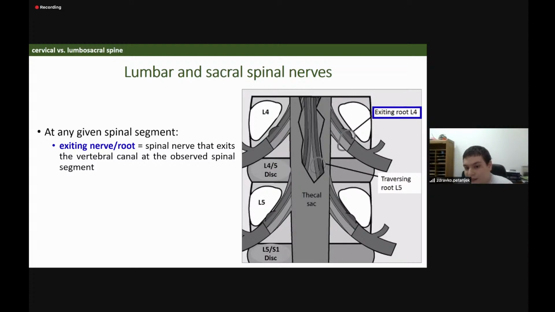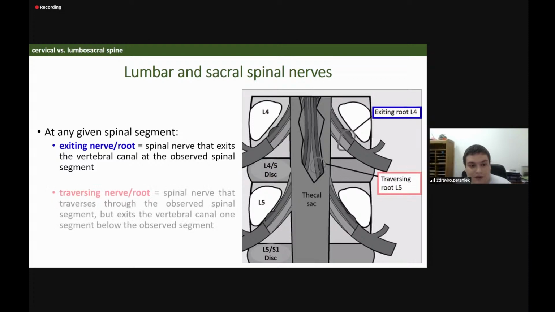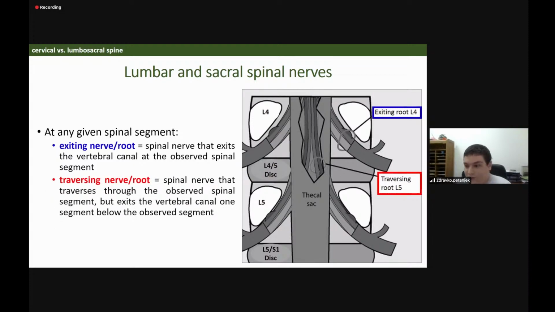However, due to the oblique course of the lumbar spinal nerves here, we also have a traversing nerve or a traversing root. In this case, for the L4 segment, this is the L5 root. So the traversing root does not exit at this level, but rather one segment below.